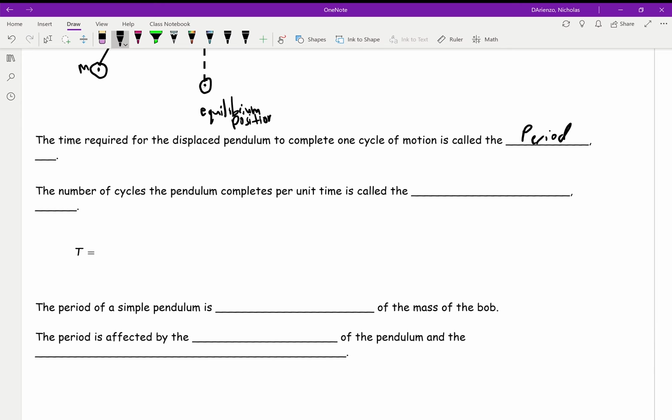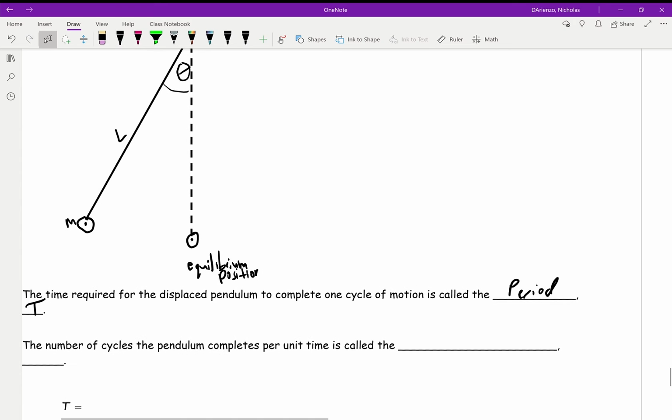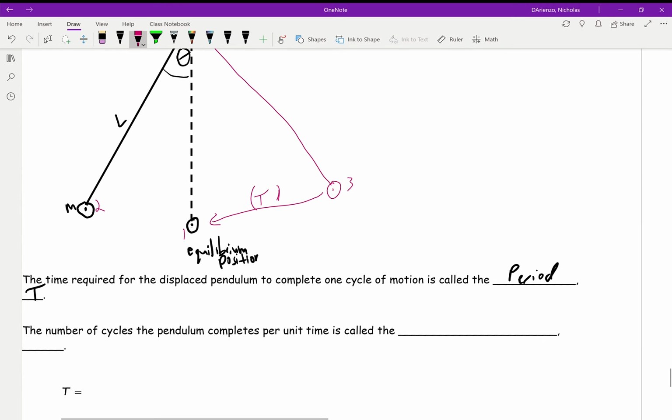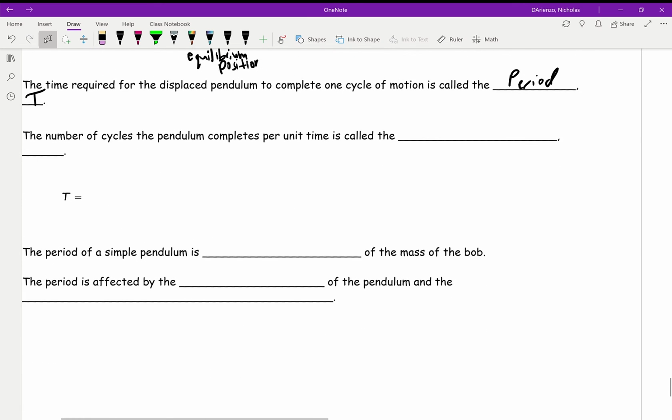And kind of like impulse, we use a variable T, unrelated to any of the letters in period, to represent the period of the pendulum. So that's basically going to be a period to go from 1 to 2 and back to 3. By the time we get back to 1, this would be our period. So we have to hit from points 1 to 2 to 3 and back to 1 to count for 1 period.